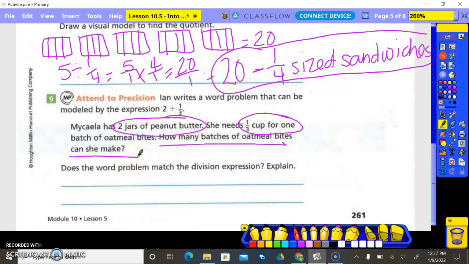Does the word problem match the division expression? So at first glance, it does seem to, but really it does not.